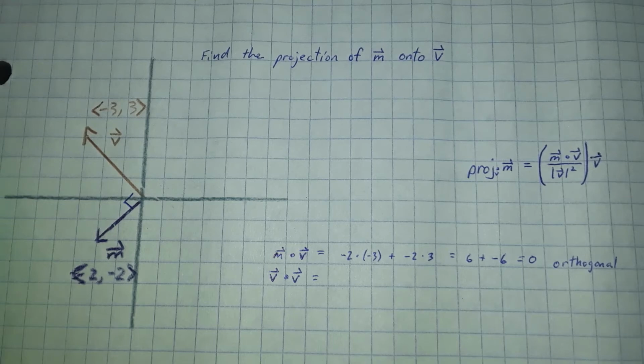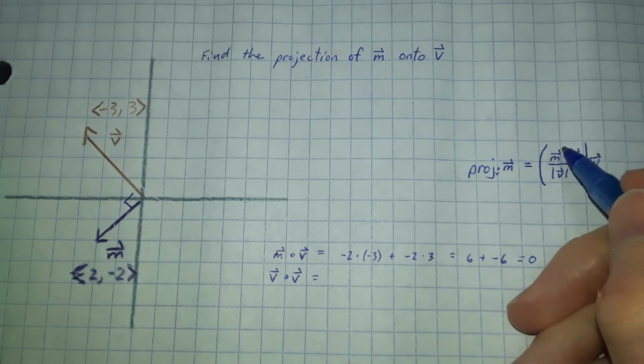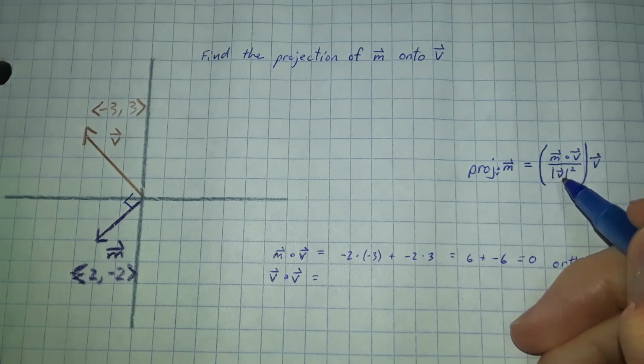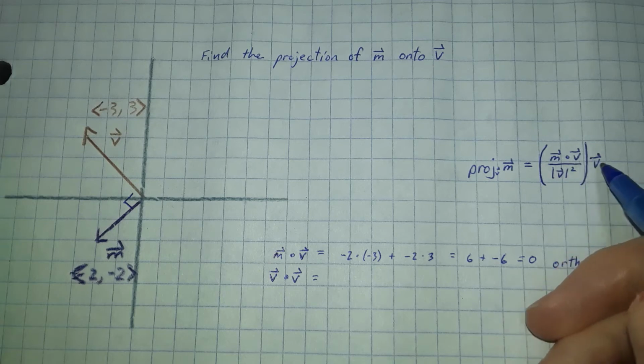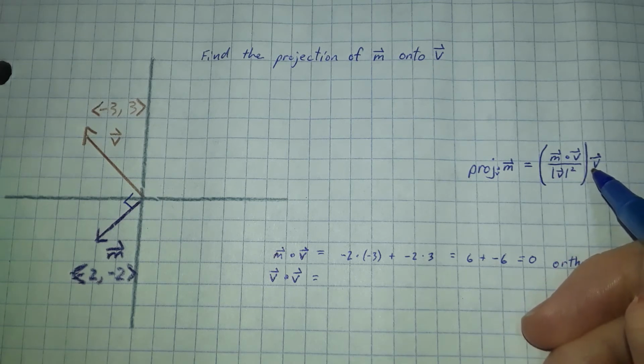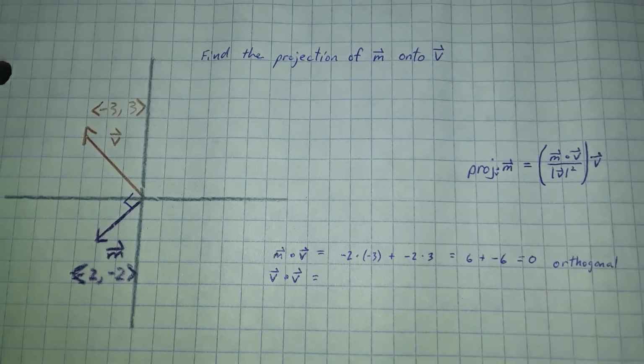That's going to have an interesting result here in this formula. If I put in 0 in this numerator, that means the whole fraction is equal to 0, and so I will have 0 as a scalar on this vector, which means I'm going to end up with the 0 vector for the projection.